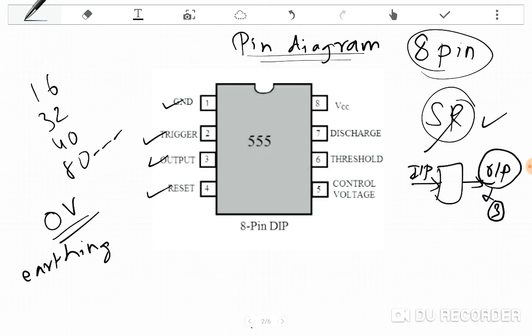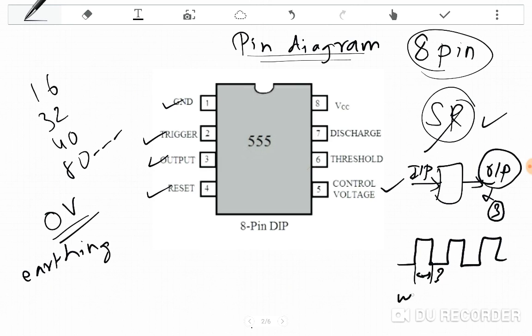The next pin is pin number 5, the control voltage. This pin is basically used to control the width of the output pulse by controlling the threshold and the trigger level. Oh, that's a bouncer. Just remember one thing: if we have a square wave here, what do you call this?